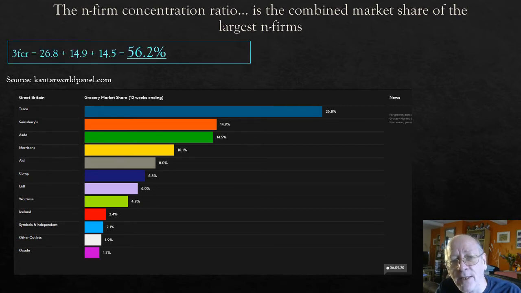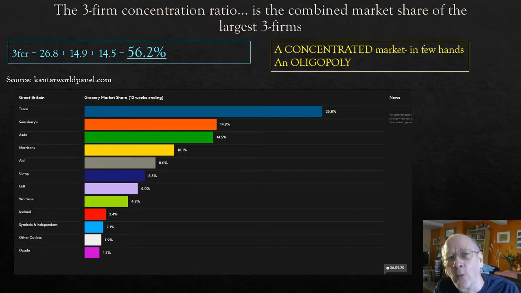In this particular case, the market share of Tesco is 26.8, Sainsbury's 14.9 and Asda 14.5. So that gives a 3-firm concentration ratio of 56.2%. To put it another way, more than half of that market is in the hands of just 3 firms. That makes it highly concentrated, and that makes it an oligopoly.